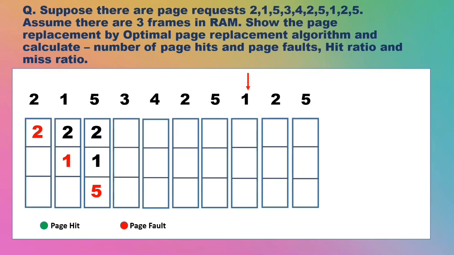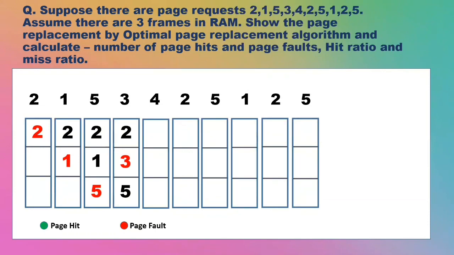So we have to replace page 1 by page 3. So page 1 is replaced and page 3 comes inside RAM, and it is obviously a page fault because 3 is not present inside the RAM. Now 4 is not present inside the RAM, so it is obviously a page fault.